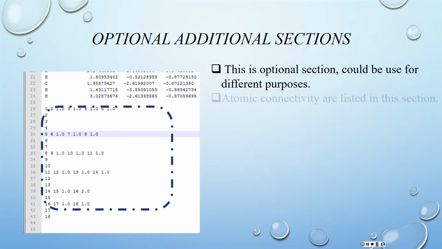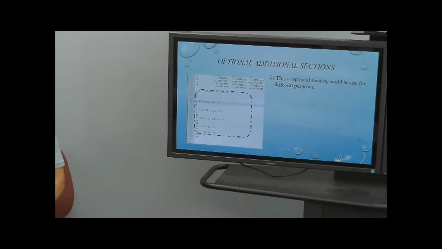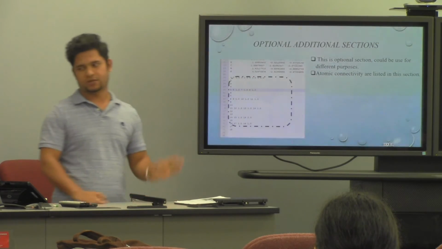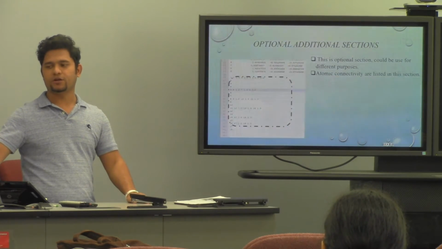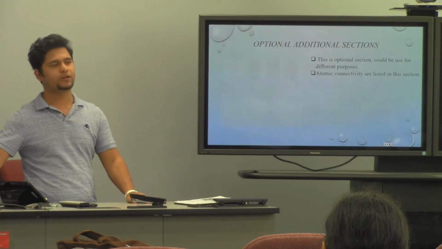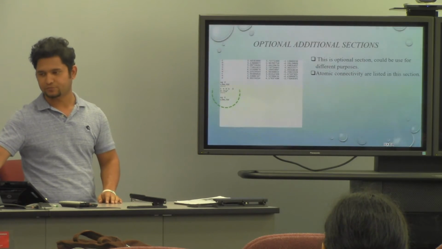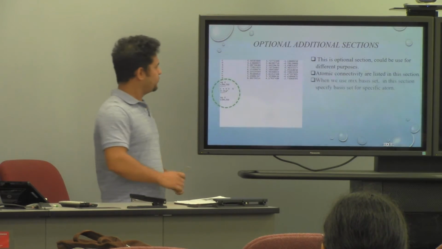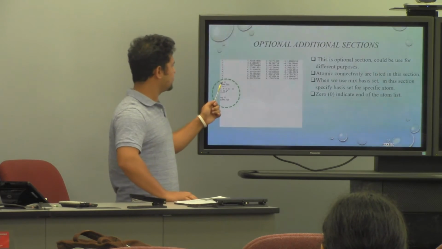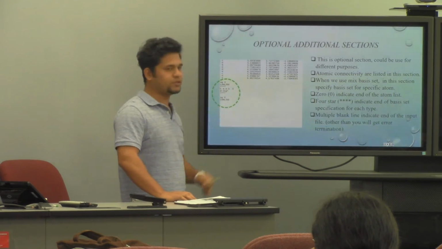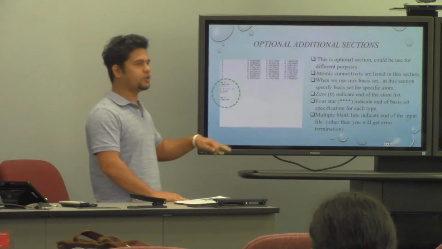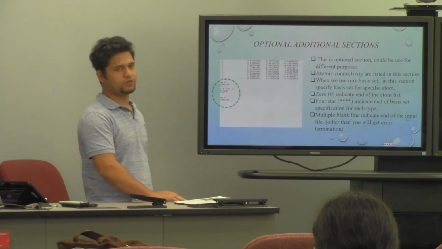The next is the optional section for the molecular connectivity, but in most cases we don't need to use the connectivity for optimization. As I said, when you use a mixed basis set, we need to define that mixed basis set in this section. Suppose I want to calculate silver using the LanL2DZ basis set, and the remaining atoms using the 6-31G* basis set.